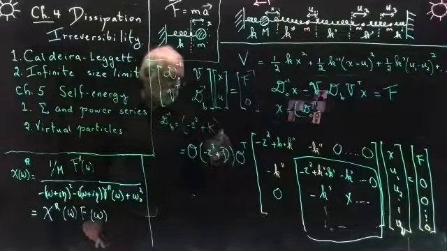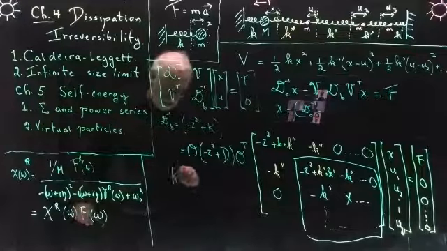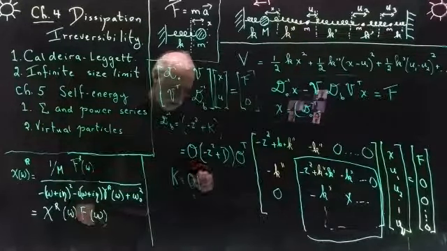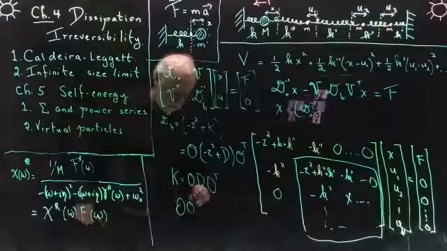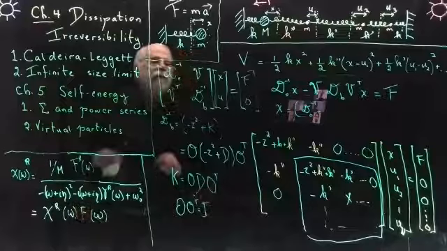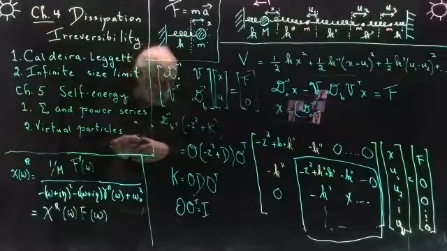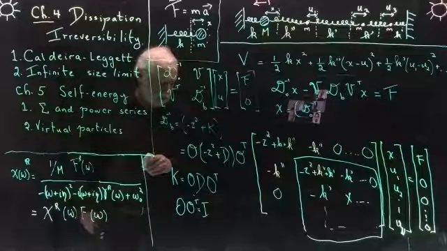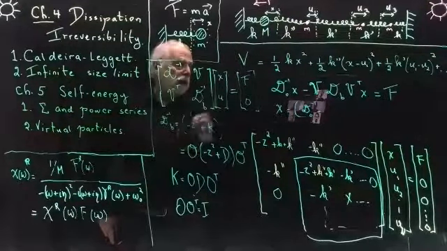Normally you have that K is equal to O times the diagonal matrix times O transpose, and O times O transpose is equal to the identity. Are you with me? Yeah, I'm with you, but is O a matrix? Yes, O is a matrix. Okay, I get you now.